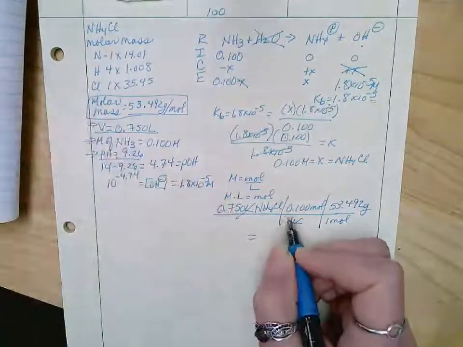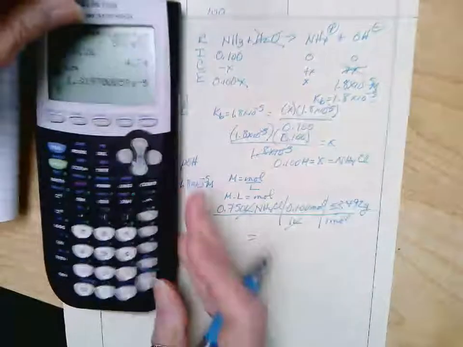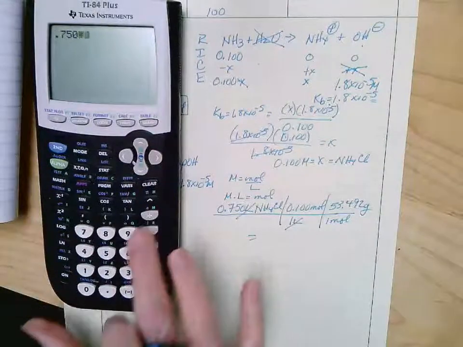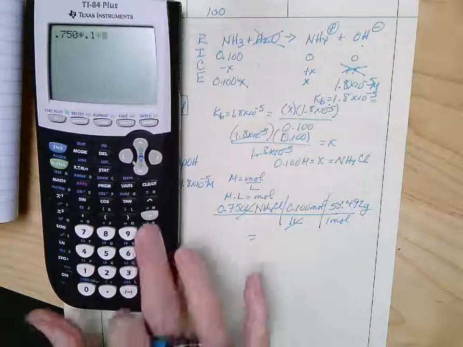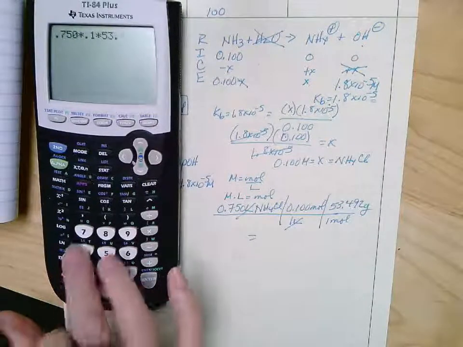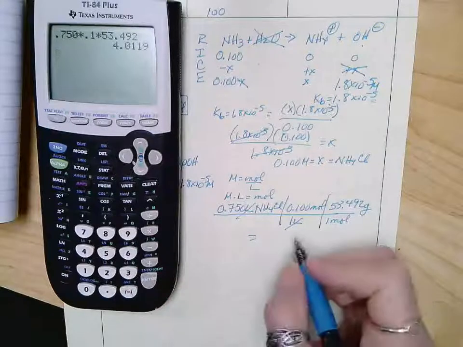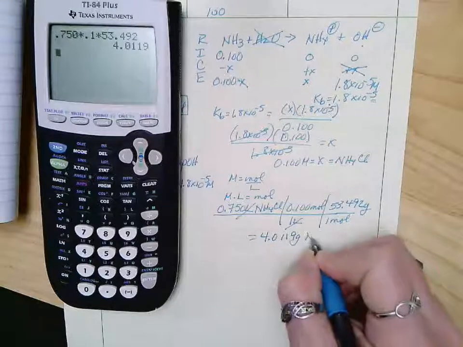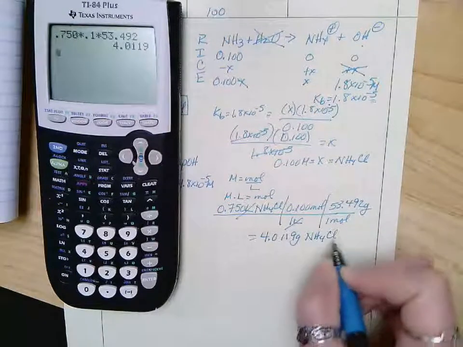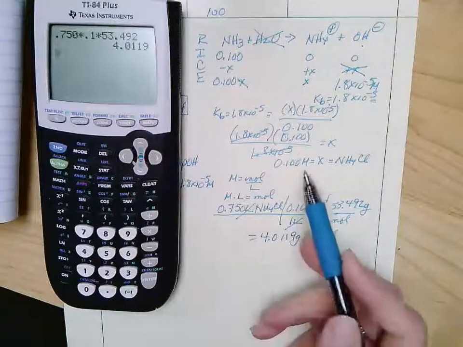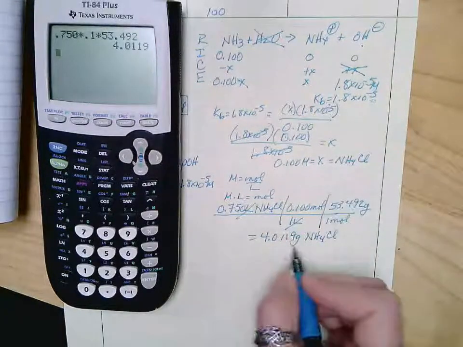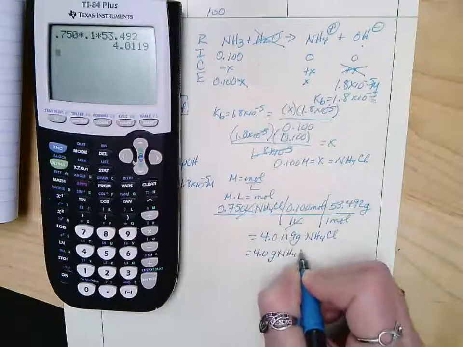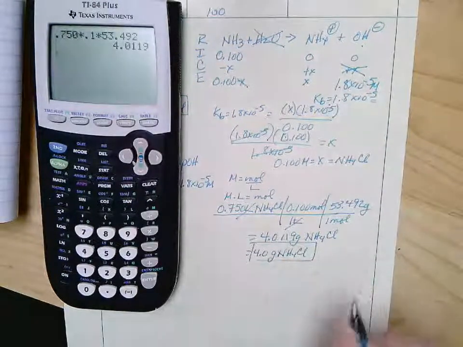So 0.750 times 0.1 times 53.492 equals, I get 4.0119 grams of NH4Cl. And I had 2 significant figures here, so I can only have 2 in my answer, so it's going to be 4.0 grams of NH4Cl needs to be added.